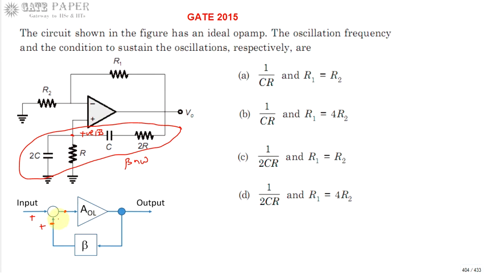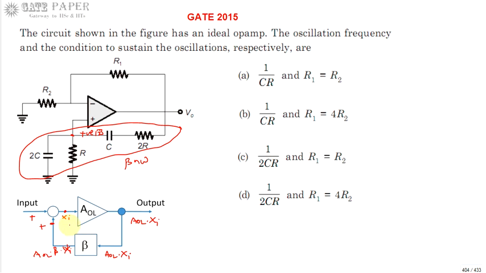The output of this point is AOL into Xi. Now the input for the beta network is AOL into Xi, and after multiplying by beta, you get AOL into beta into Xi.